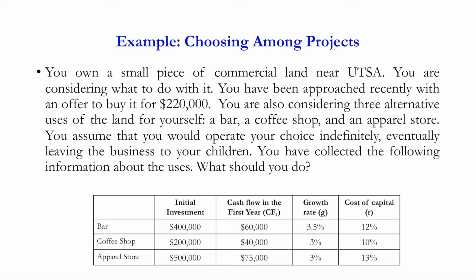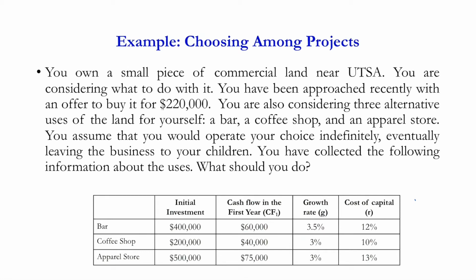You are also considering three alternative uses of the land for yourself. You can either run a bar, a coffee shop, or an apparel store. You assume that you would operate your choice indefinitely, eventually leaving the business to your children.